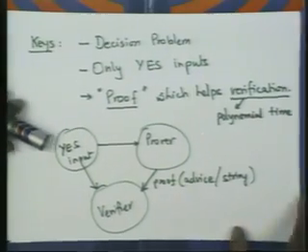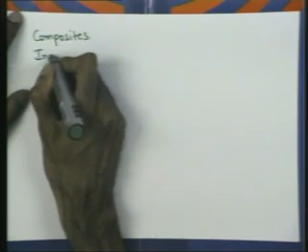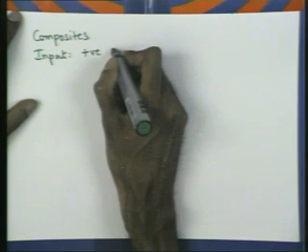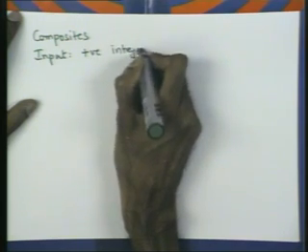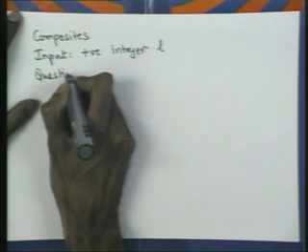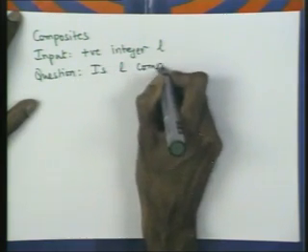So let's do one more example. This example is of composites. The input is a positive integer L, and the question is: is L composite?